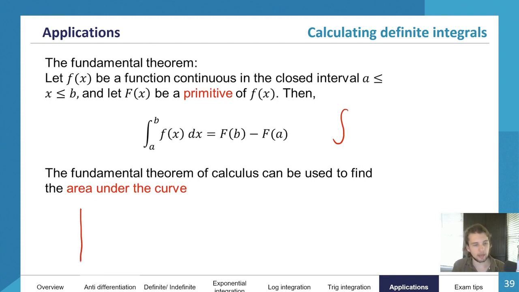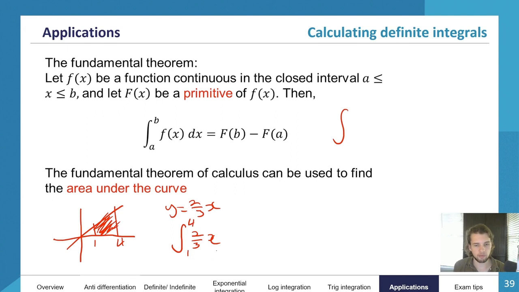So let's say we had a line like this, and the line is y equals 2/3 x. If we wanted to find the area between 1 and 4 under the line, so that's this area I'm coloring in here, that means we would use the integral of 2/3 x between the points 1 and 4.